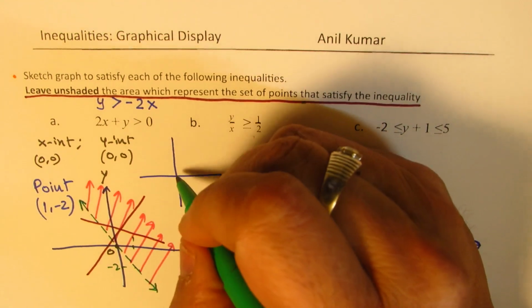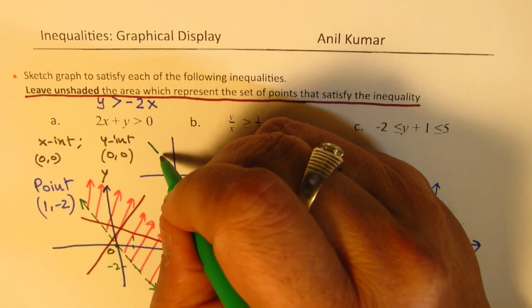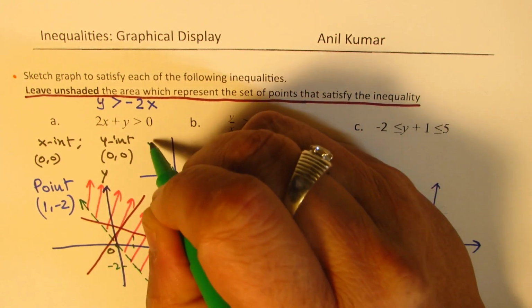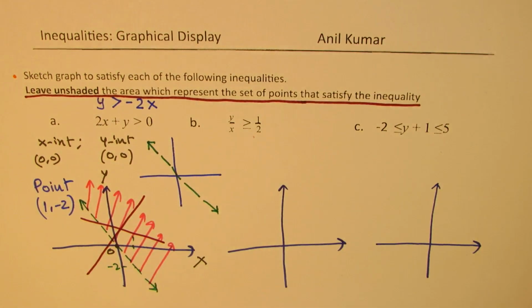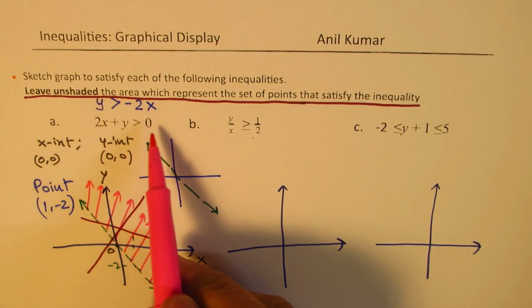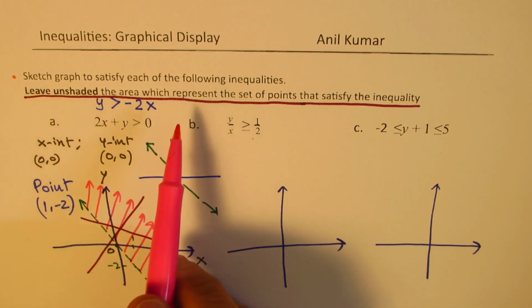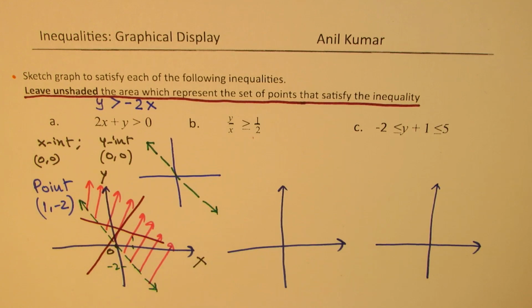So write the equation in slope and intercept form. Sketch the line, which is a dotted line. Since it is going through the origin, you cannot do the origin test. And we want y to be greater than, that means above the line. But we need to shade the region which is not the solution, right?